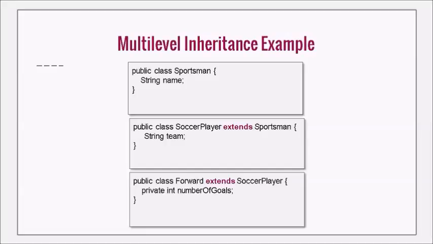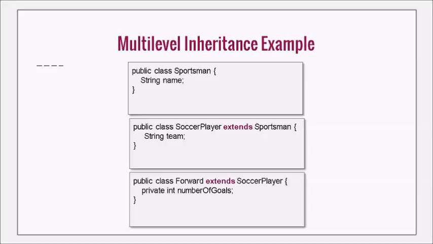Multi-level inheritance, as you might have seen in the previous slide, is an inheritance which involves more than 2 classes, and it can have 3 or more levels. As we can see on the screen, the top class is called sportsman, and it has a variable called name. The second class is called soccer player.